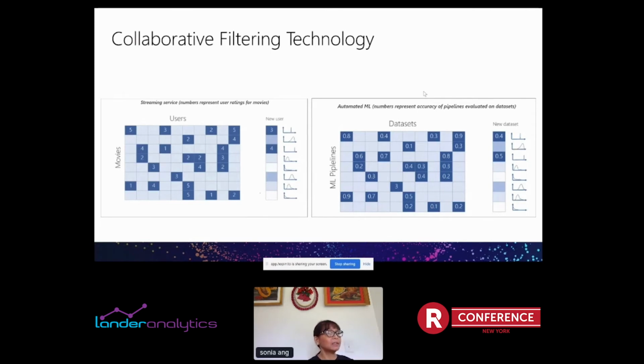The idea here is that the model is trained on millions of data set characteristics, like the size, the number of columns, etc. And that is then used to make a recommendation. An algorithm is recommended, which is the best one, and the hyperparameters that optimize it are also recommended.